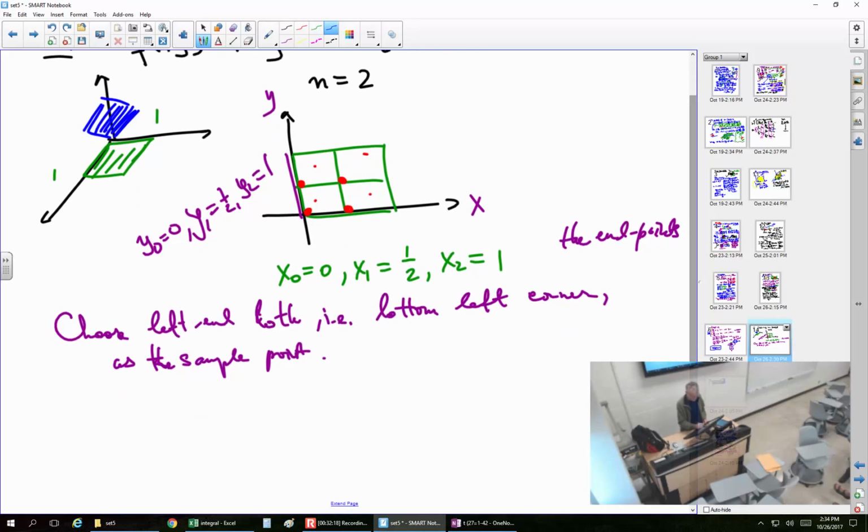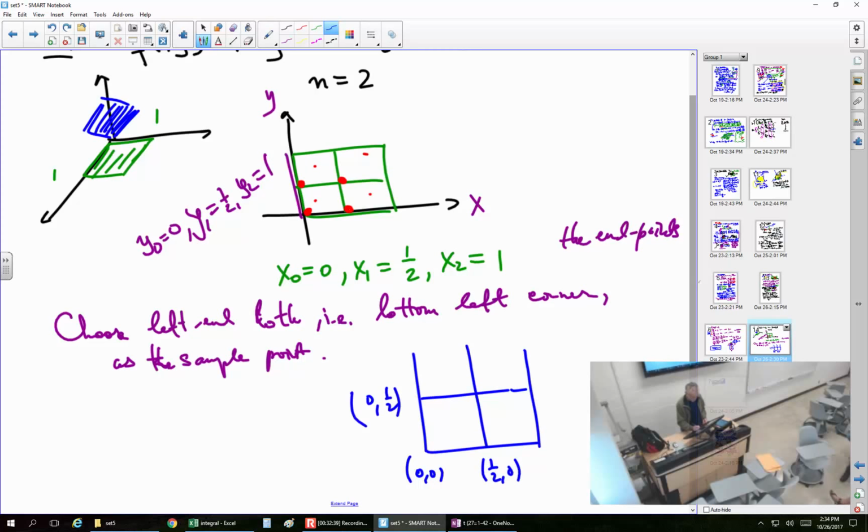Okay, so I list these. I could put them in a table, just like they are here. I could probably easily put them in the form of a table. So f of, okay, let me list the points. It will be (0, 0), (1/2, 0), (0, 1/2), and (1/2, 1/2).